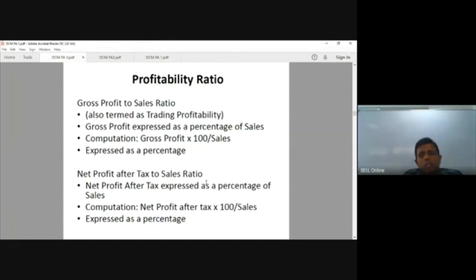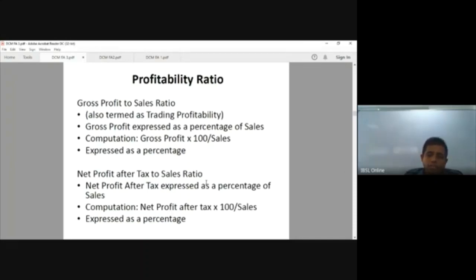Now, once you calculate the gross profit and the net profit ratio, how do you interpret them? That is also very important. First you calculate, then you have to do an interpretation. Right? Normally, when it comes to gross profit, the gross profit ratio cannot vary much from one year to another.